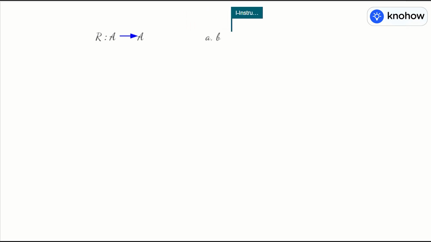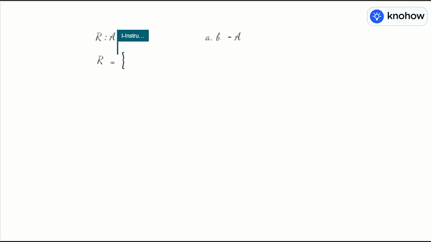In the last class you have already done the relation R on a set A to itself. Let R be a relation from A to A, that means if a and b are any two elements in the given set A, then a is related to b.